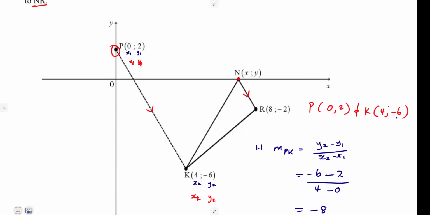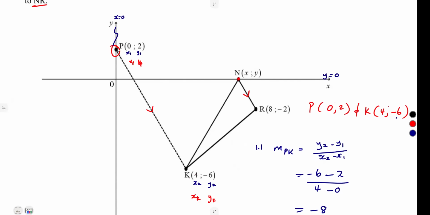If this point N is on the x-axis, what property can you use? In the x-axis, we understand that y is always equal to 0 throughout this line, and for the y-axis, x is equal to 0. That is why you see at the point P, the x value there is 0.